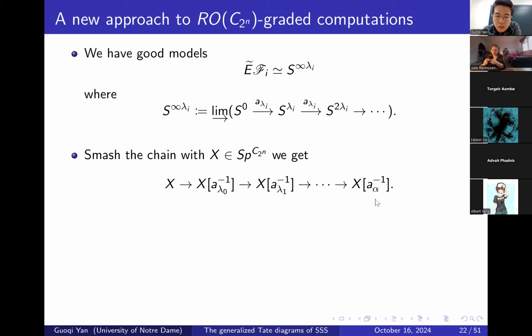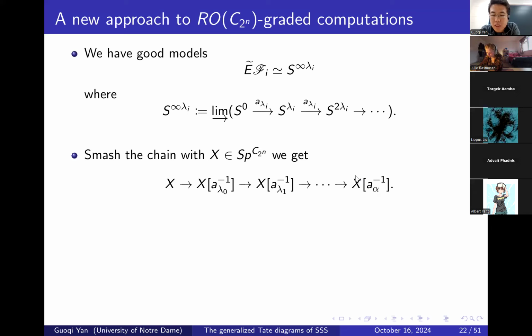The right-hand side is the easiest one to understand. If we take fixed points of this tower, the rightmost fixed point is the geometric fixed point. And in general, the geometric fixed point is much easier to compute than the genuine fixed point of X. So this tower gives us a bridge between these two types of fixed points.